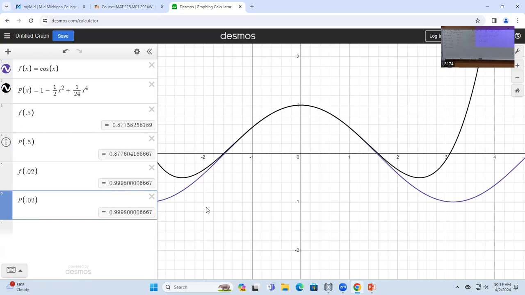And so what I'm saying is that you get good approximations close to your center. And the closer you are to the center, the better approximation. The higher degree polynomial you get, the better approximation as well.